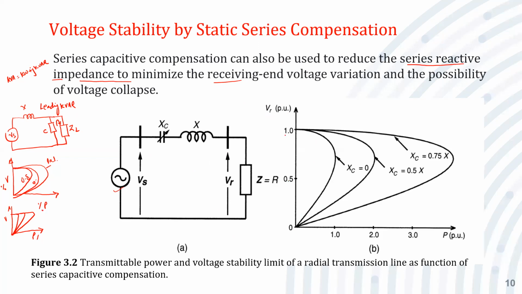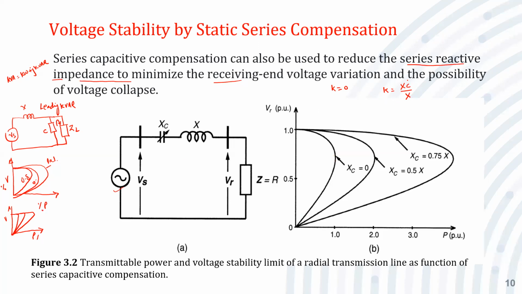This is the voltage in PU, or in percentage, whereas power is also in PU. So without any series compensation, when K is equal to 0, what is K? K is nothing but the ratio of the capacitive reactance connected in series divided by the normal value of the transmission line reactance.